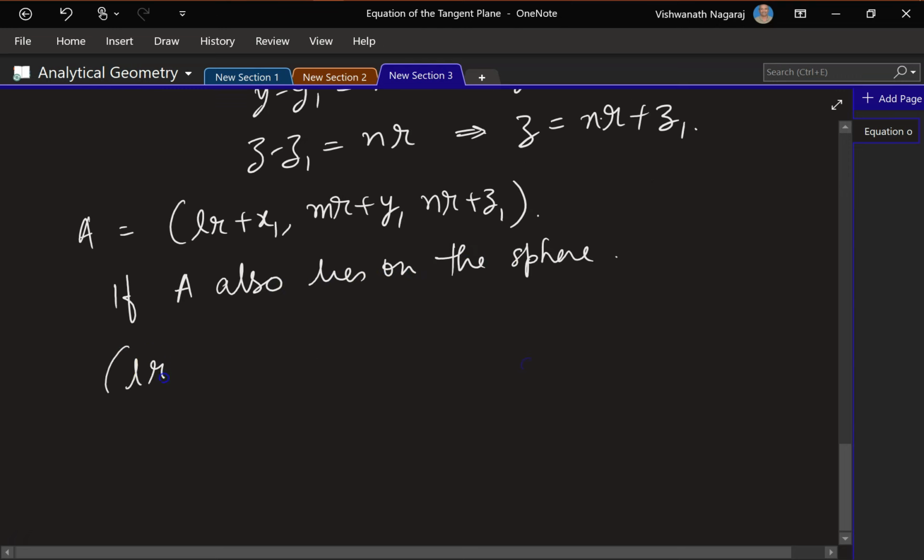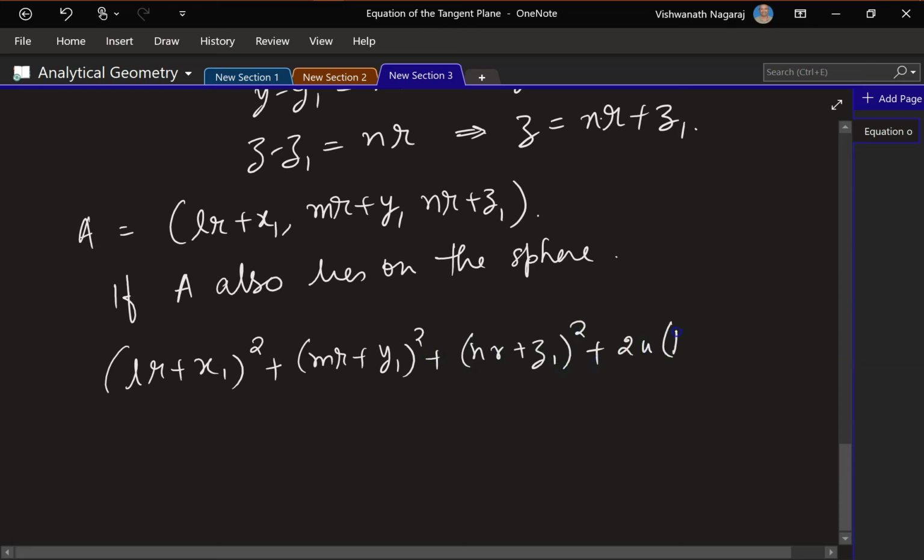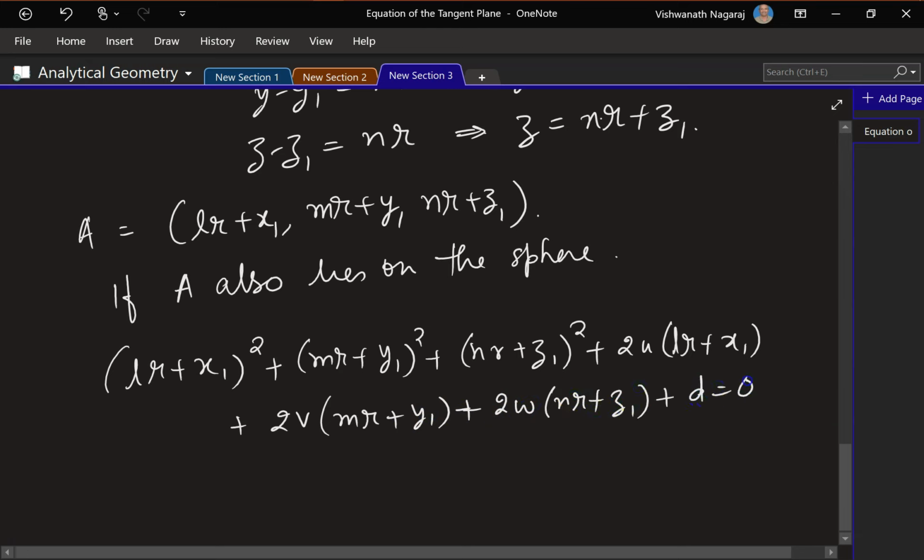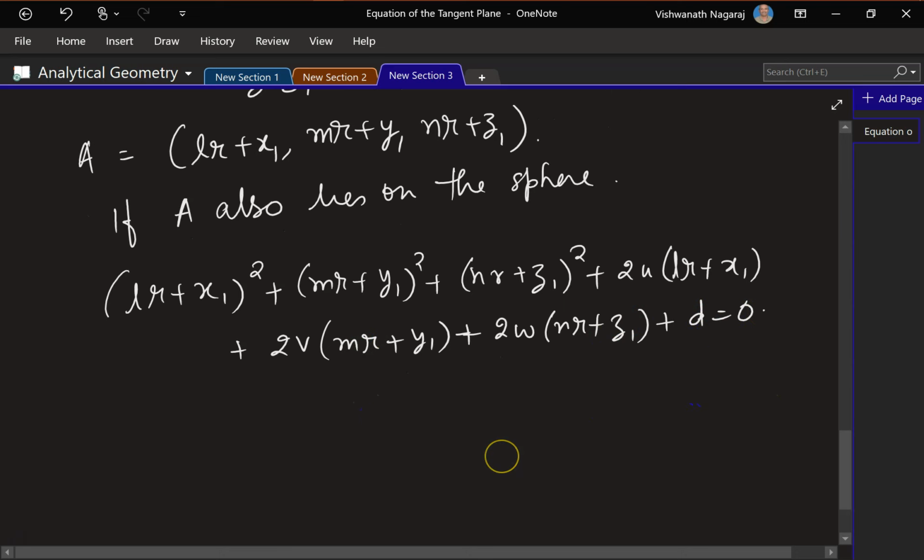That means (LR plus x1) square plus (MR plus y1) square plus (NR plus z1) square plus 2u(LR plus x1) plus 2v(MR plus y1) plus 2w(NR plus z1) plus d equal to 0. This would be the equation. Okay, now let's open it up.